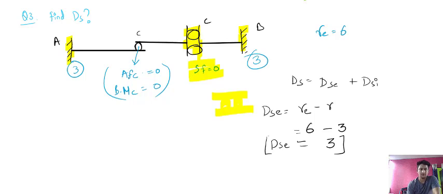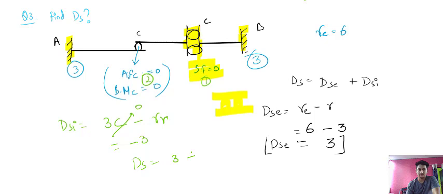Now for calculating the DSI, we need the value of 3C minus Rr. Here C value is 0 and Rr value is: here 2, axial force is 0 and bending moment is 0, and here 1. So Rr value will be 3. So in that case minus 3. So total DS will be DSE, that is 3, plus DSI, which is minus 3. So 3 minus 3 is 0. So here the degree of static indeterminacy of this structure is 0.